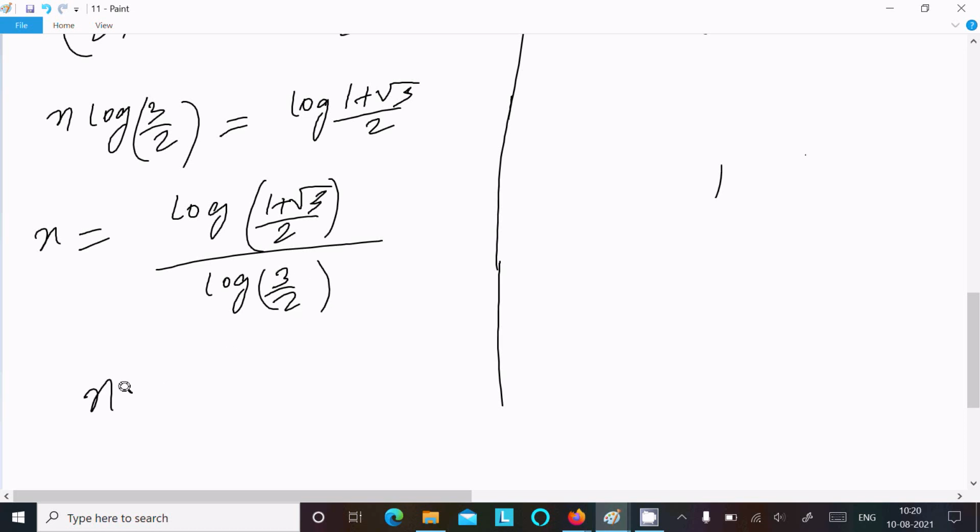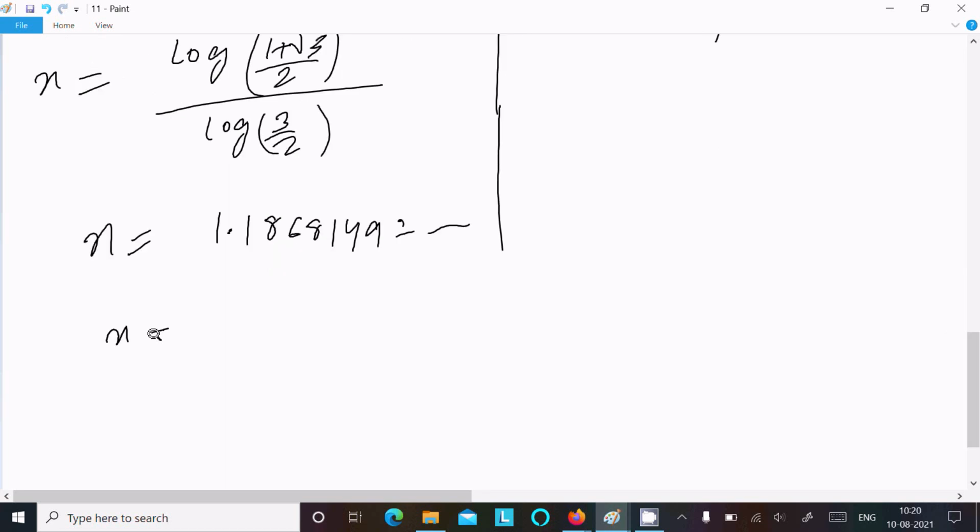So if you use a calculator, the value you can get is 1.18681 and so on, or we can write x equal to 1.18. So this is the answer you should write.